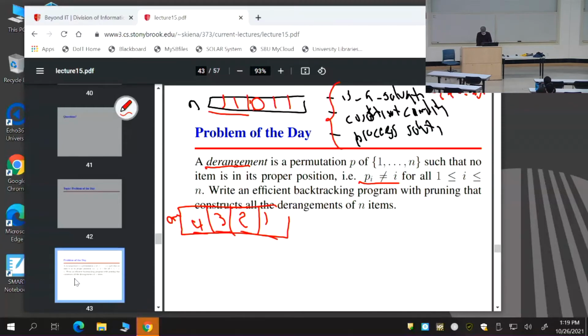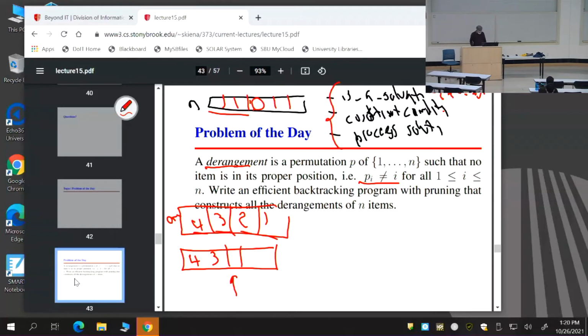Okay. What about construct candidates? What are the candidates for the next spot if I have put down a 4 and a 3? How are you going to do that? For that, I do a loop from 1 to n inclusive, and then I check that i is not equal to the size of the vector I have, plus 1, and i is not already in the vector.